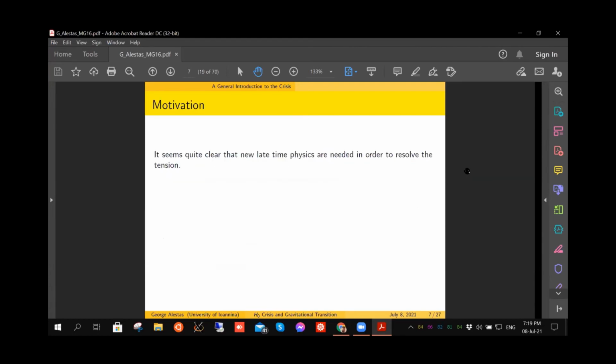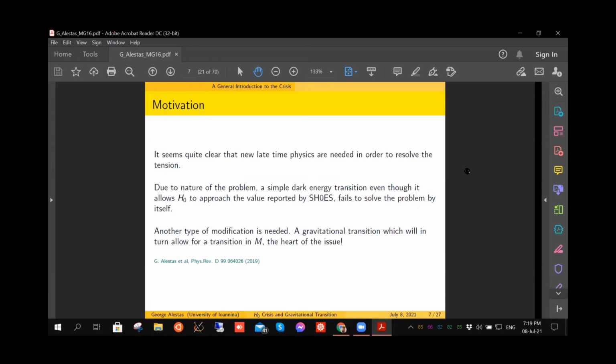Now, the motivation behind our study is that it seems quite clear that new late-time physics is needed in order to resolve the tension. And due to the nature of the problem, a simple dark energy transition, even though it allows H0 to approach the value reported by SH0ES, fails to solve the problem by itself.